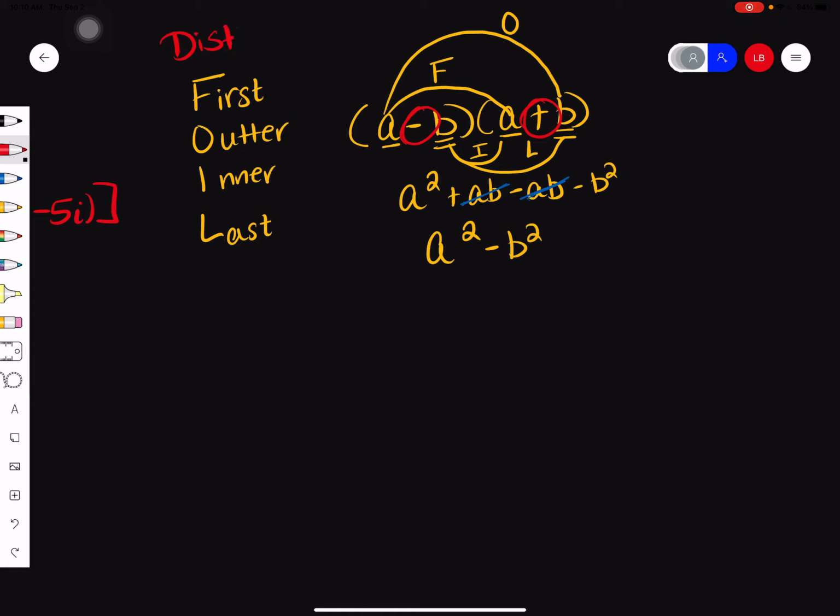The FOIL method is just our distributive property, a little acronym that helps us remember each step. But with binomials in this form, we can skip the outer step and the inner step, because they're opposites of one another every single time, and just multiply the first and last terms. Hold on to that information.